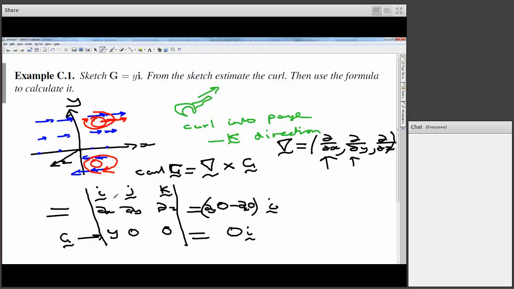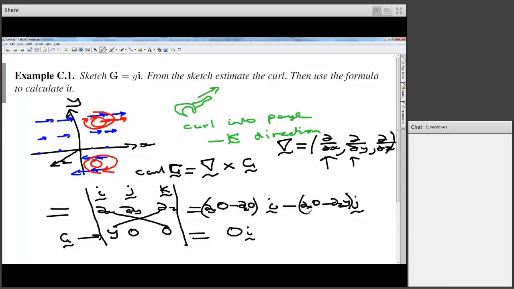Then I do the next component. So go along, and as you're going along, you alternate signs. So it's minus something or other times j. With j, again, I take the determinant of what's left over. So I do partial x of 0 minus partial z of y. What's that equal to?